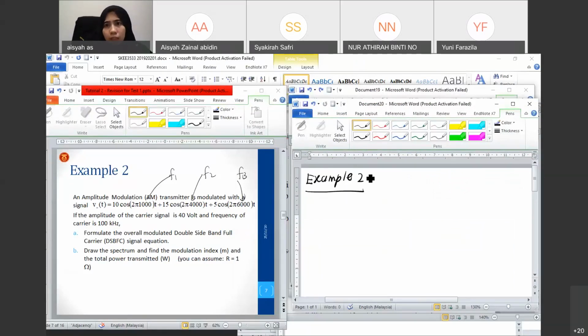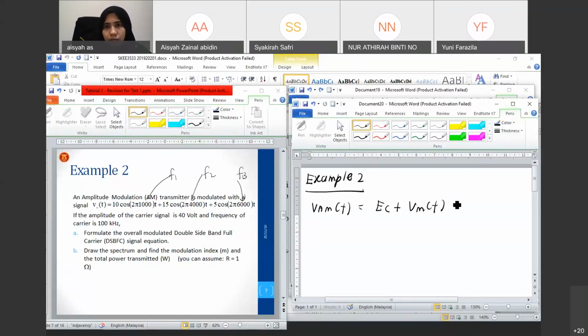Use the previous formula: VAM(t) equals EC plus VM(t), in brackets, times cos omega CT.